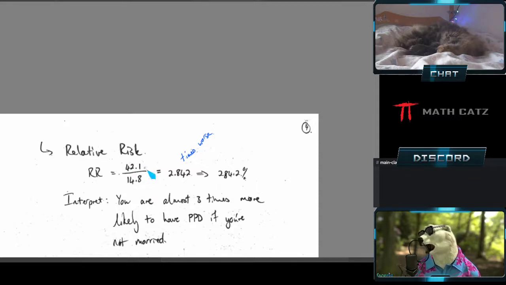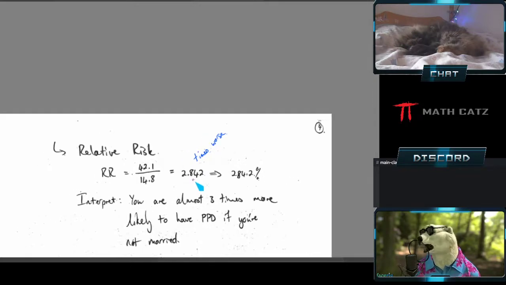And I simply put them into context by dividing the small one into the big one, and I get that my probability of having postpartum depression being unmarried is almost 3 times more than my probability of having postpartum depression being married. It was a ratio of probabilities.